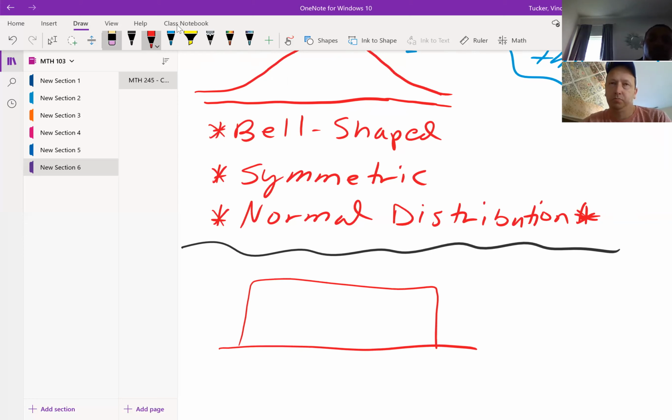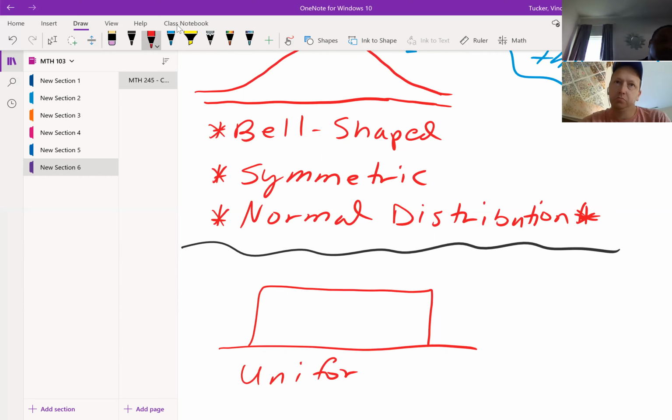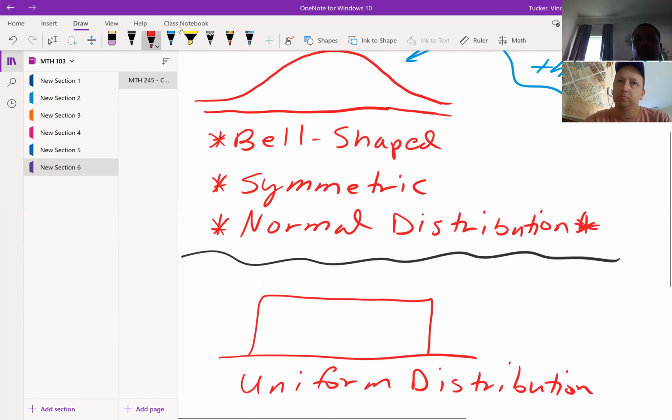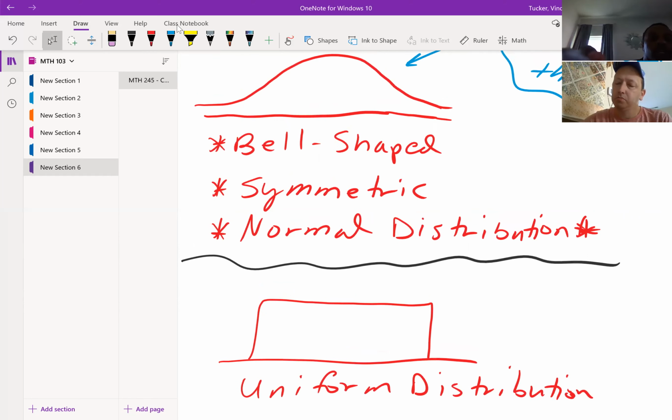Let me see if I can draw that better. And going back to that normal distribution, how can I explain it?